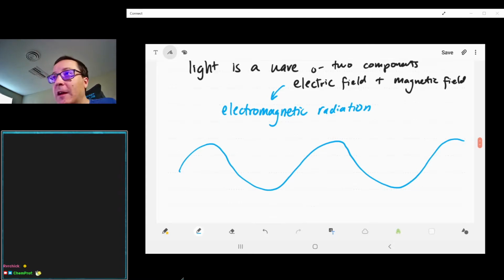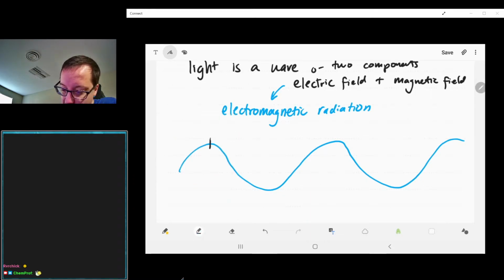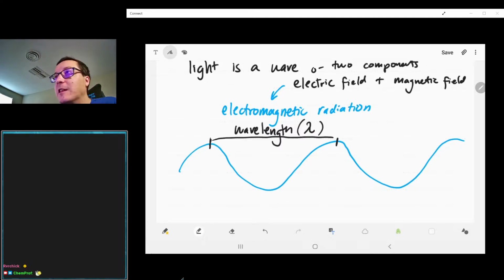That's fine. Waves have a few components that we talk about. We have what's called a wavelength, which is abbreviated with the Greek letter lambda.